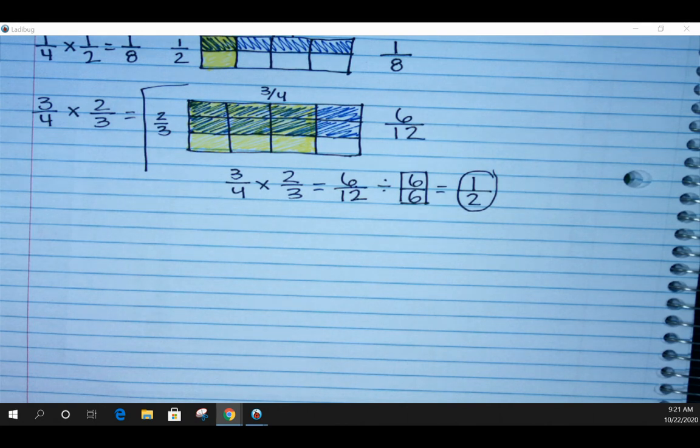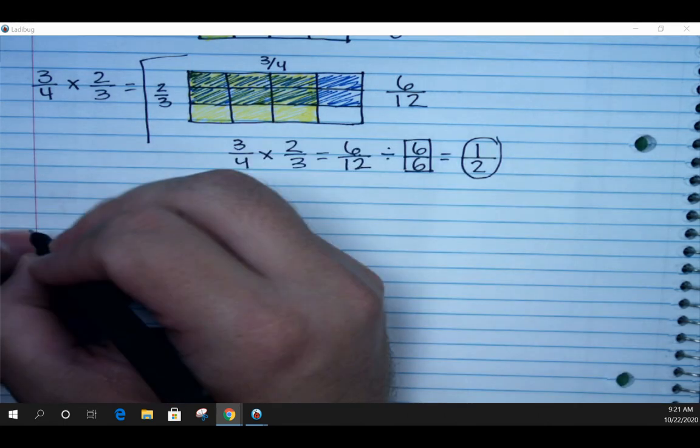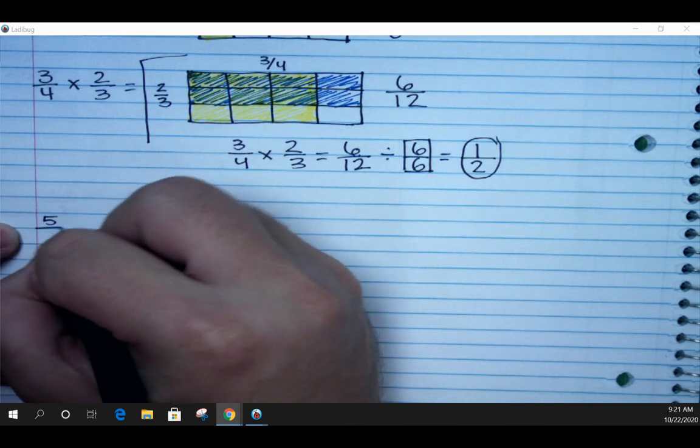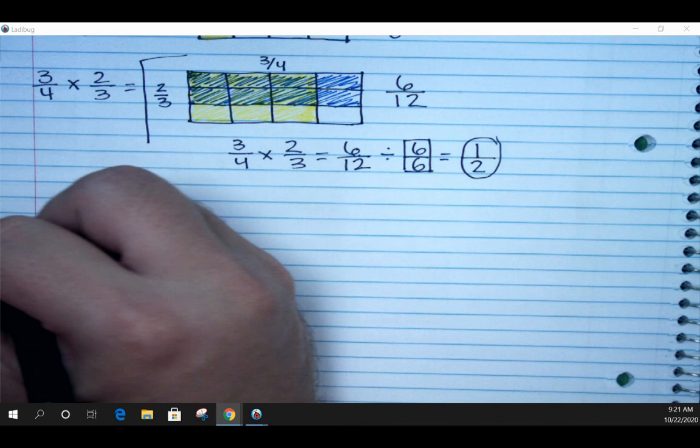Well, let me try. I'm going to do one, and you don't have to write it down because it's going to be big. Let me just pick something random. So let's do 5 out of 11 times 4 out of 7.